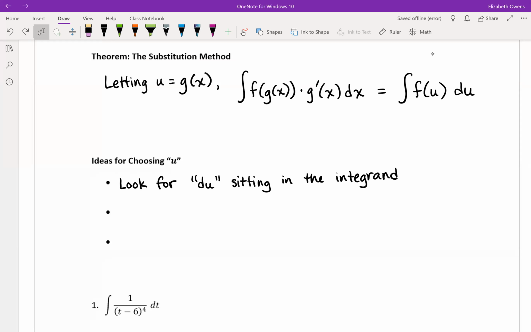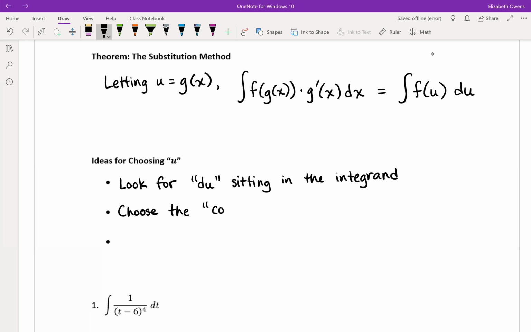Another idea, if you don't spot the derivative of something sitting in your problem: remember, the idea of these is to make an easier indefinite integral problem. So sometimes it's a good idea to just choose whatever looks complicated and turn that into u.